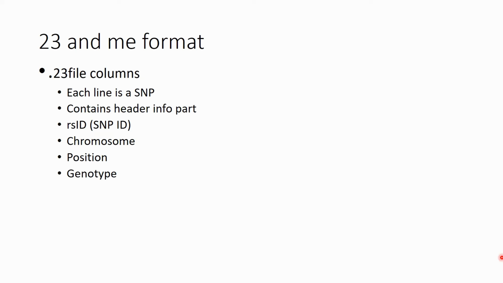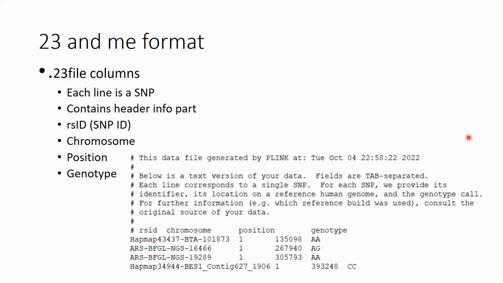So what columns do you need to have in this file format? This is quite fixed and given. Here each line is a SNP, containing the header part with information: RSID or SNP ID, chromosome, position, and genotype. It looks more or less like this. There is pretty straightforward information: the RSID, or basically the SNP ID.